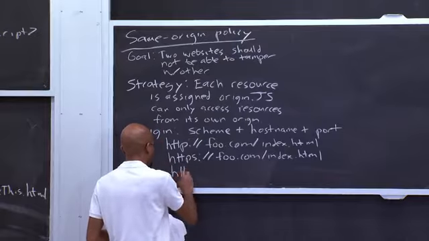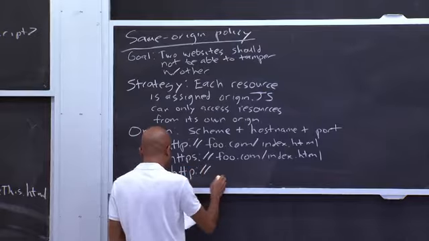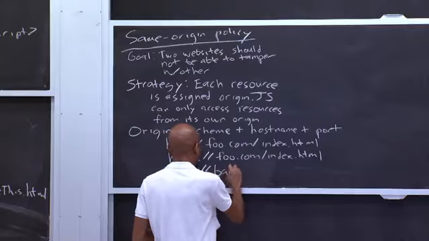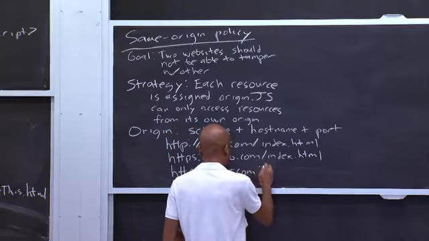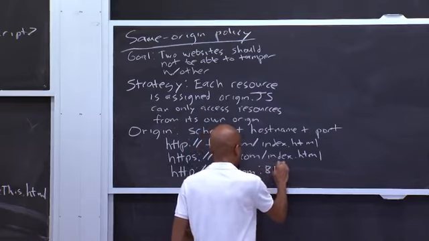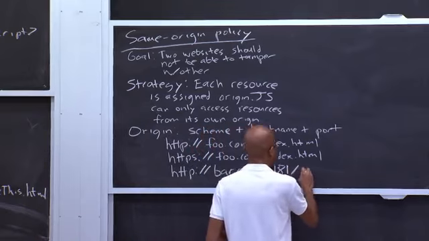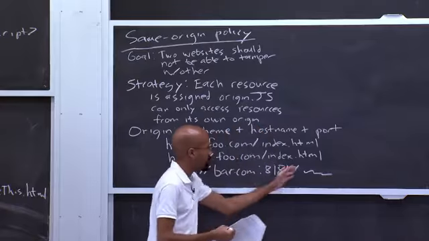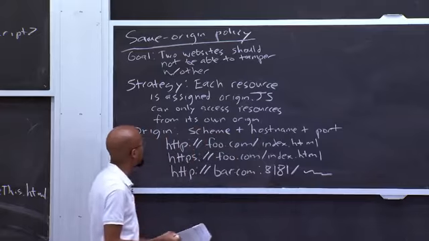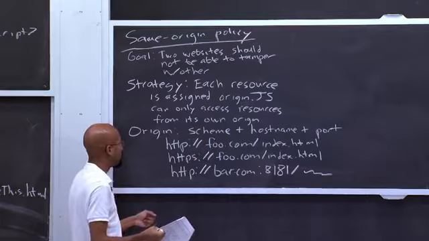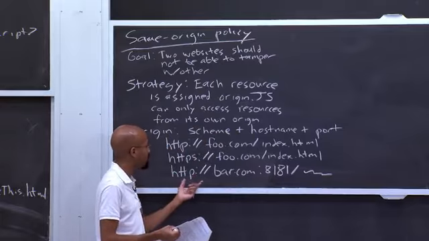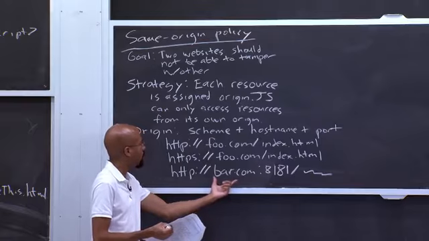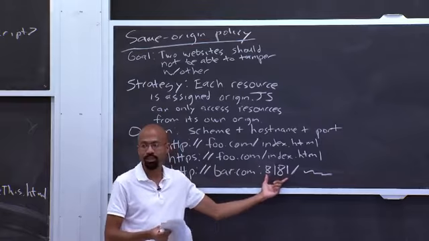And then as a final example, if you had a site like http bar.com, then you can use this colon notation here, 8181. Whatever, these things beyond here don't matter with respect to the same origin policy, at least with respect to this very simple example. Here we see that we have a scheme of HTTP, a host name of bar.com, and here we've explicitly specified the port.